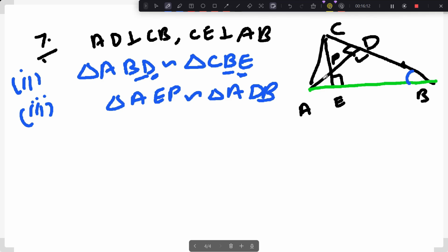AEP, that is this triangle, is similar to ADB, that is this triangle. So again, A is already equal. E is already 90 degrees. D is also 90 degrees. So this is that. I think we should move on to the next question now.